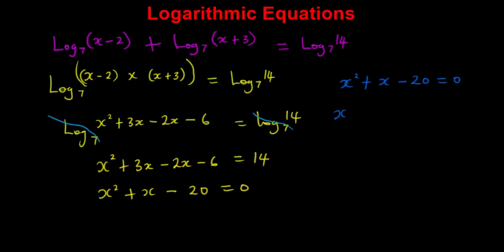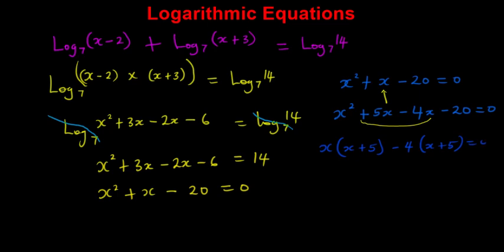Remember, this one can then be factorized as x squared plus 5x minus 4x minus 20 is equals to 0. What we have done is that this, remember in our quadratic, gives us back what we have. So moving forward, we have x open bracket x plus 5, then we have minus 4 open bracket x plus 5 equals to 0.